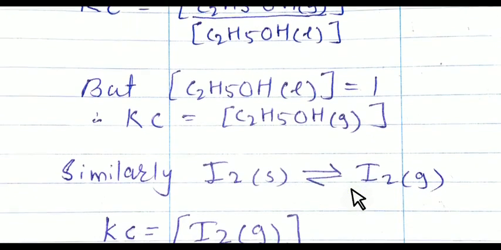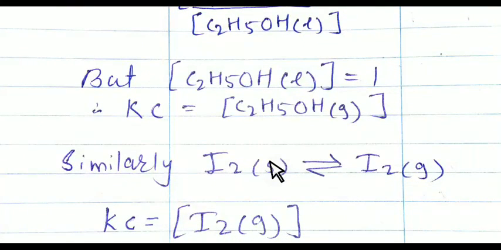Same here, if we are taking iodine solid to iodine gas. Always remember all solids are pure substances and have unchanging concentration, means there is no change in the concentration of a solid. If there is no change in concentration of solid, we cannot include it in the formula of Kc.